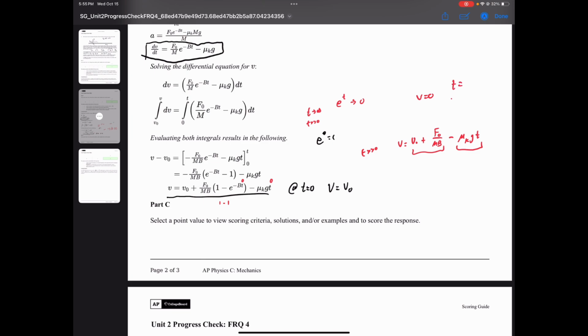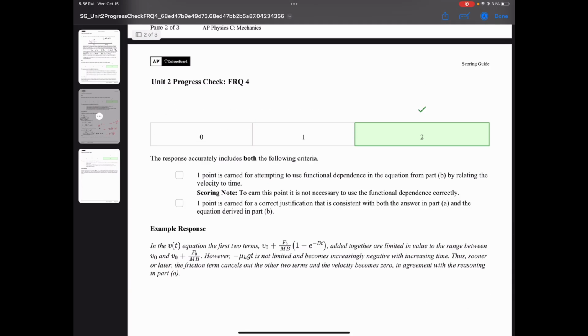Well, I have here t is equal to negative v naught minus f naught over mb, all divided by negative mu sub k times g. And yeah, so at this time, this is when the velocity is going to be 0. All right, and that follows what we reasoned in part A, right?